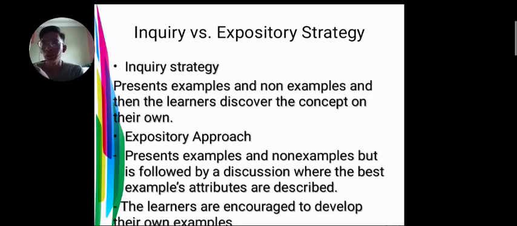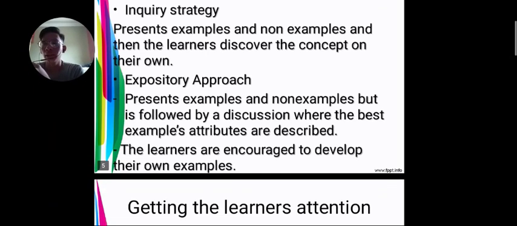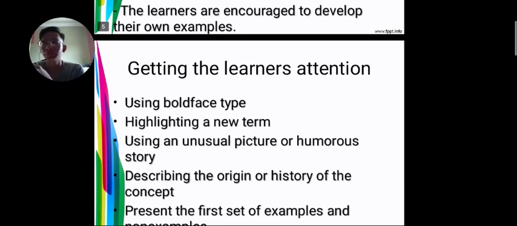The expository approach presents examples and non-examples, but is followed by a discussion where the best examples' attributes are described. The learners are encouraged to develop their own examples.